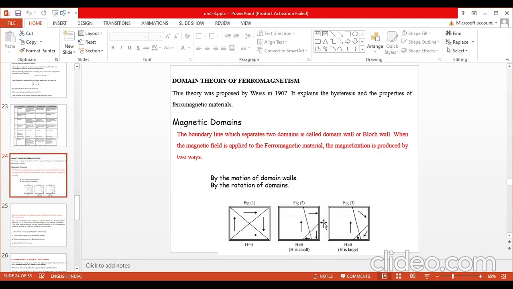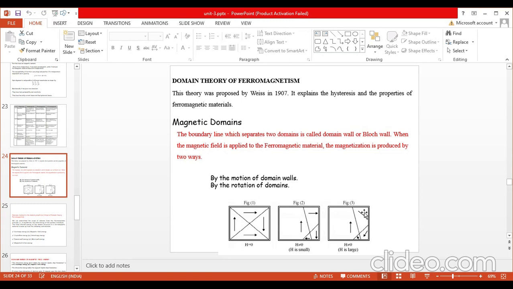When you are applying a large amount of magnetic field, which is not equal to zero, you can see the difference between figure 1 and figure 3. What we observed in figure 2, the same observation is there in figure 3.